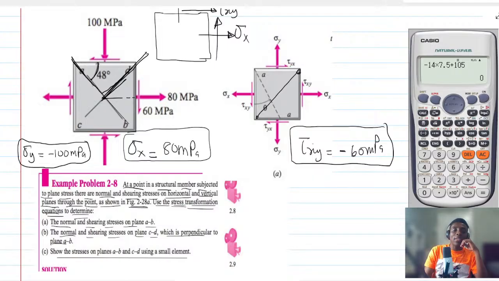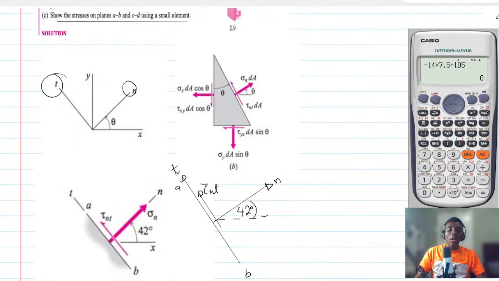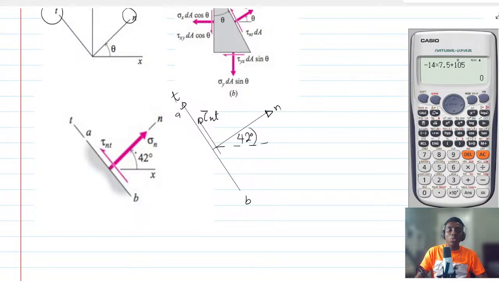The angle that this one makes here is 48. It means that if I come here, it will still be 48, but this is perpendicular to this, therefore this must be 42. So that 42 plus 48, we get 90. That is why this side is 42 here.